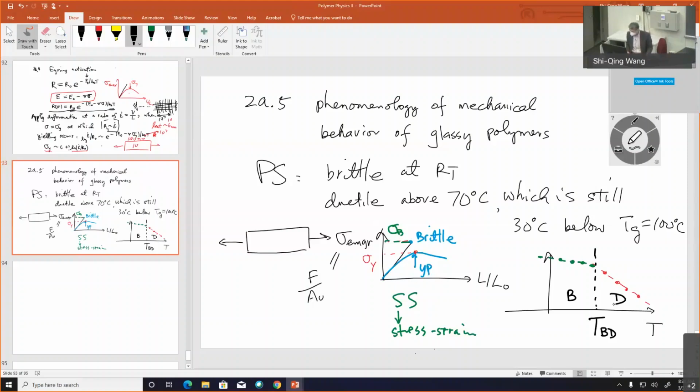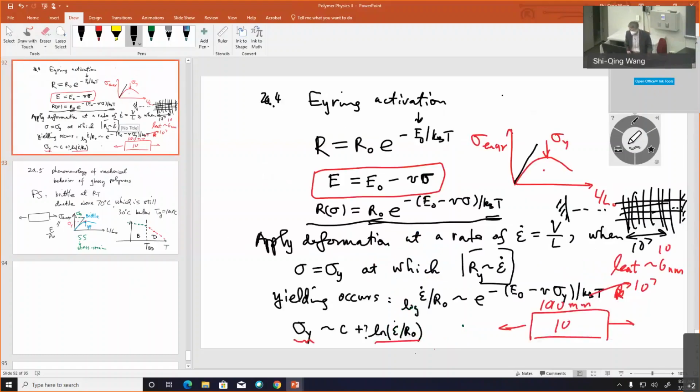How to understand this? How to understand the fact that temperature is the crucial variable that can change the polymer from one behavior to another? Answering this is very much related to what I went through with the Eyring idea. Clearly, Eyring cannot deal with this transition, because Eyring says, give me stress, I will lower the barrier, I will eventually have enough mobility.